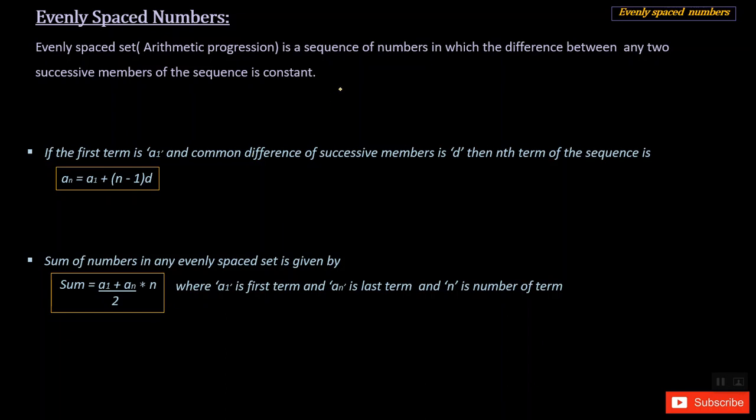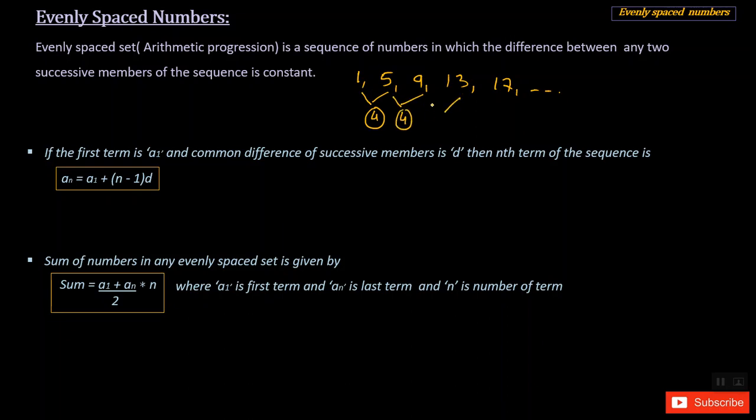Let's take an example: 1, 5, 9, 13, and 17 and so on. The difference between 5 and 1, 5 minus 1, is 4. The difference 9 minus 5 is 4.